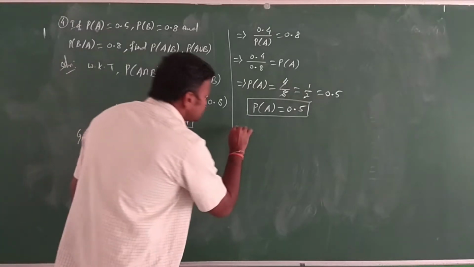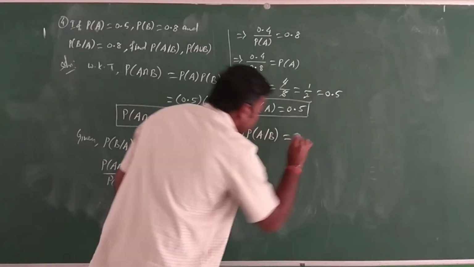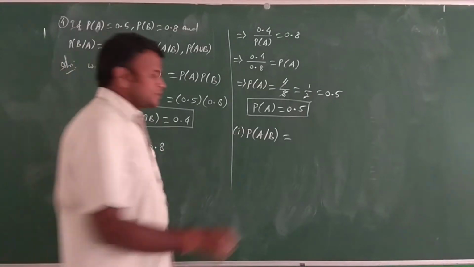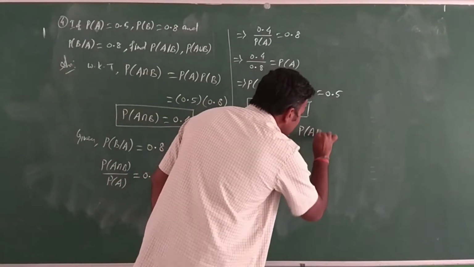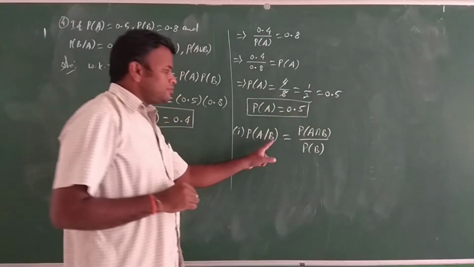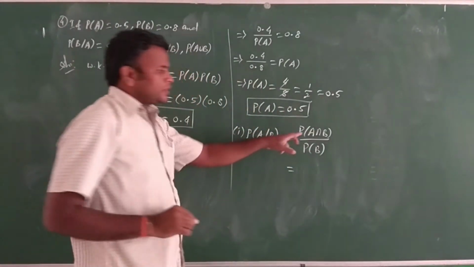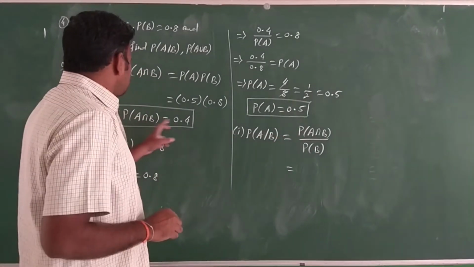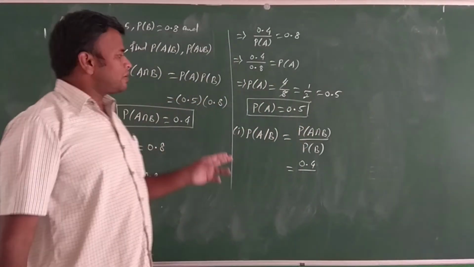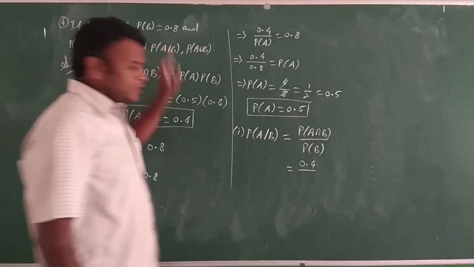Next, we substitute these two values in finding the answers. The first one we find is P of A by B. The formula of P of A by B is P of A intersection B by P of B. P of A intersection B we already found, it is 0.4, by P of B. The value of P of B is also given, 0.8.